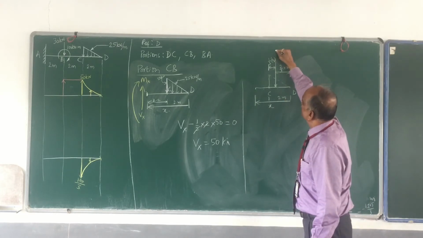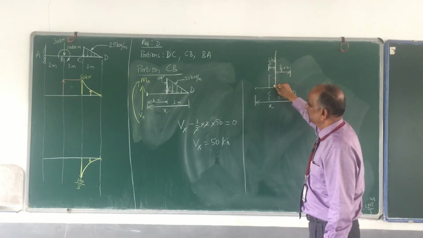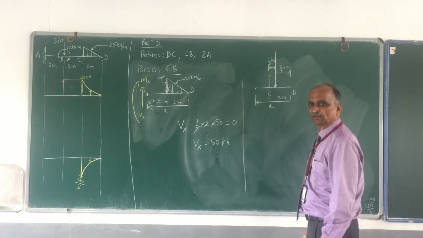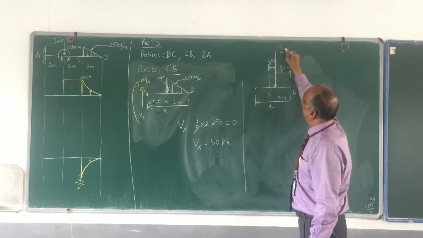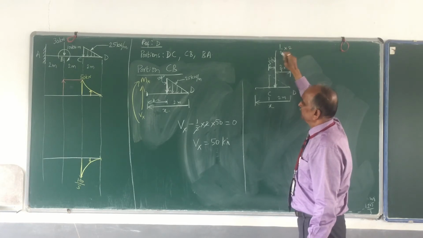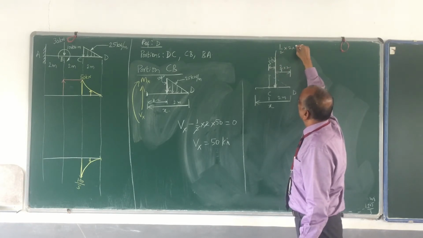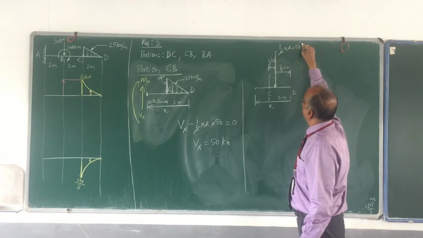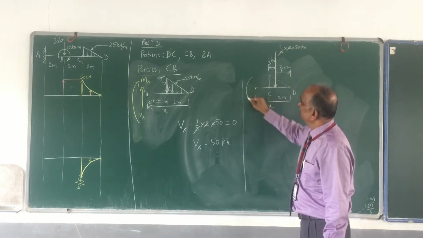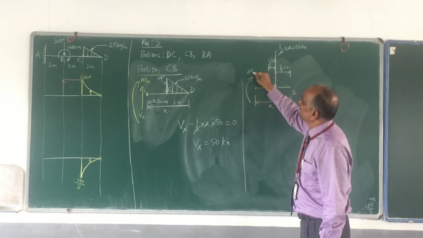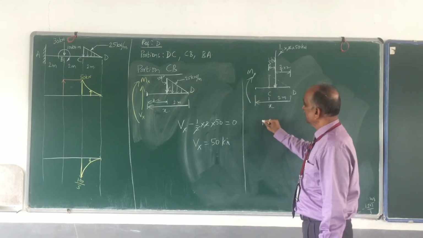Okay, so how much is the force that I have already obtained? That is equal to this, half into 2 into 50. So half the area, the base is 2 meters, and the height is 50. 2 cancels, you have 50 kilonewton. And the bending moment, this is my bending moment, Mx. Okay, we start with Mx.